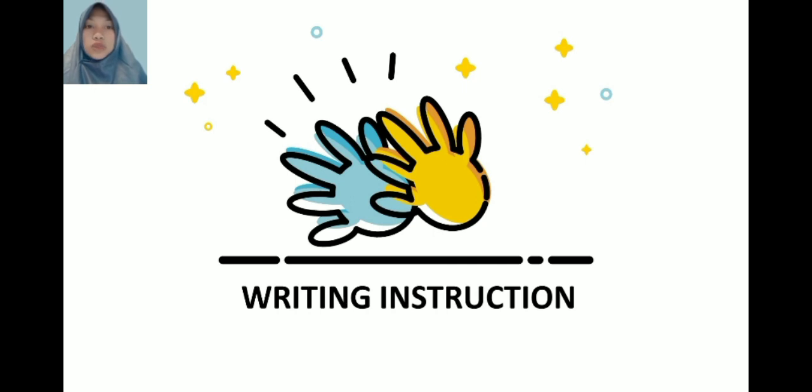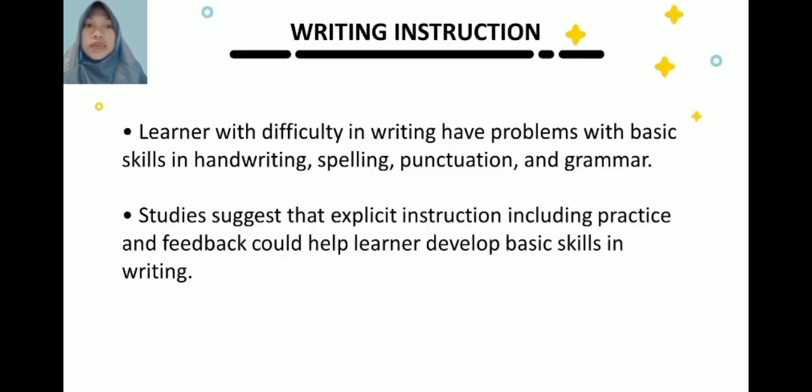Now let's proceed to writing instruction. Learners with difficulty in writing have problems with basic skills in handwriting, spelling, punctuation, and grammar. Some students struggle in writing, such as in handwriting, and make mistakes in spelling, punctuation, and grammar.